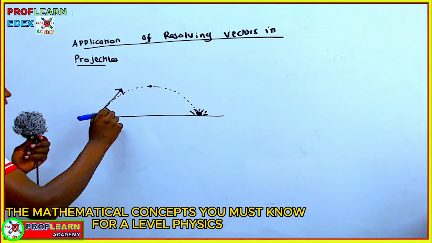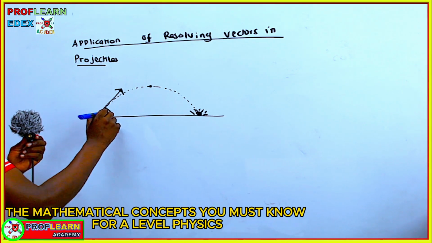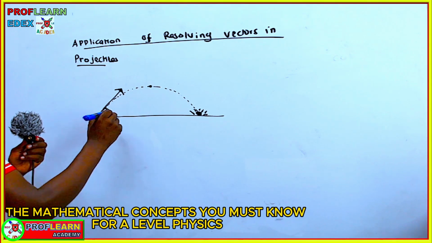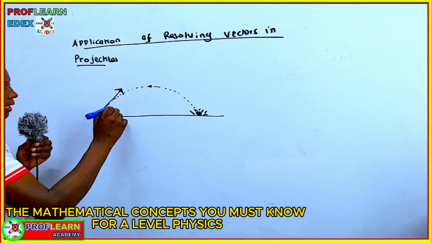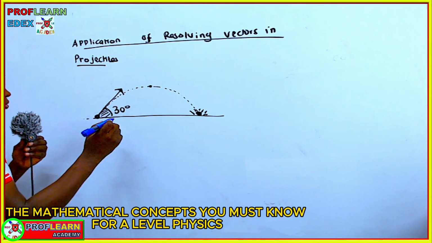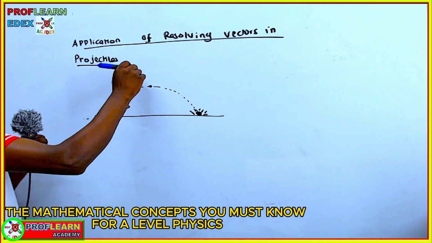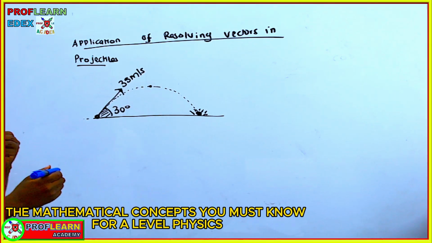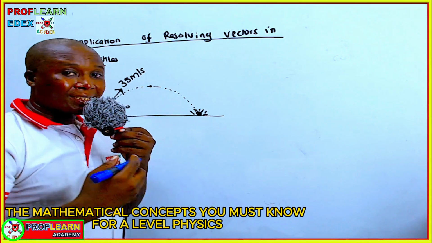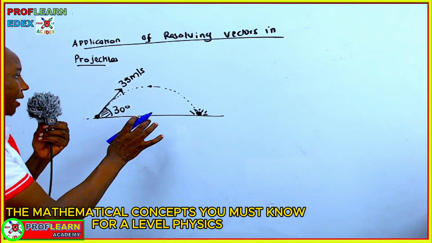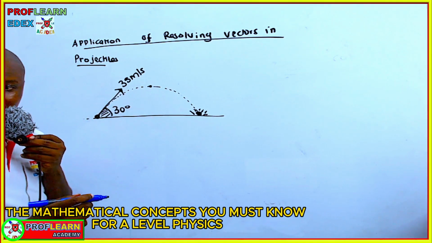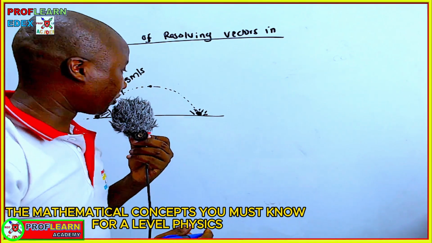Maybe you are told a stone was projected at an angle of 30 degrees to the horizontal, and it was moving at 35 meters per second, and then you are asked to state what is the maximum height reached by this projectile. What is the maximum height reached?